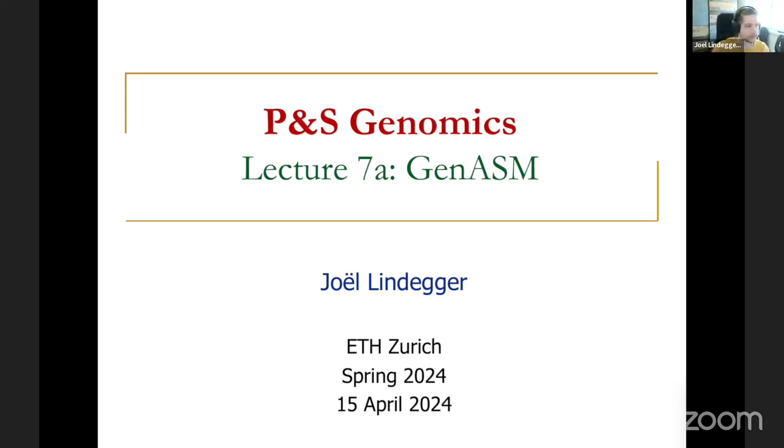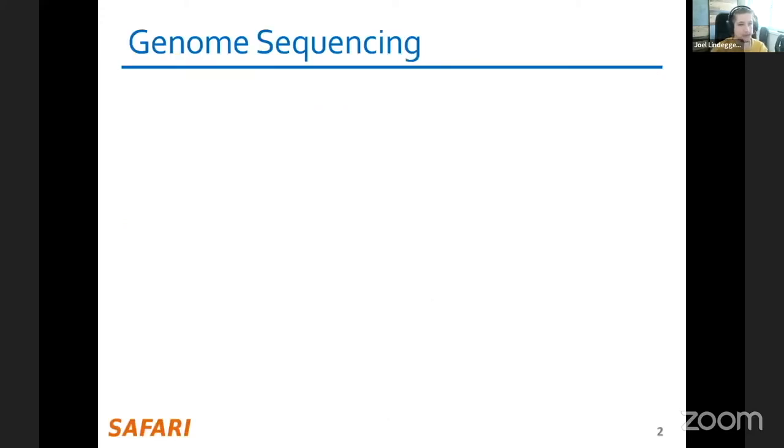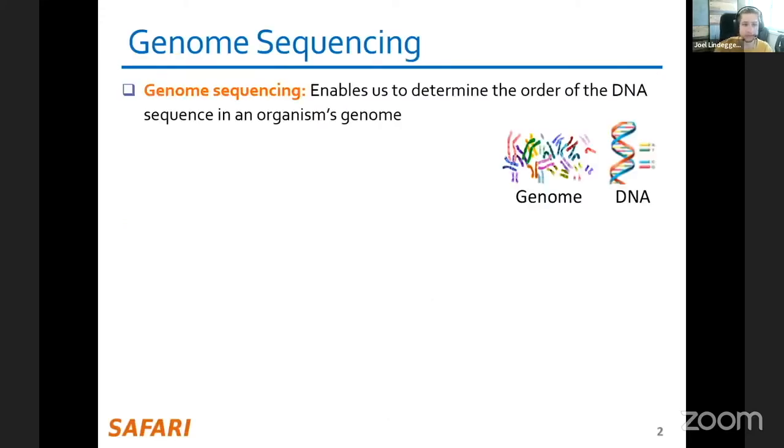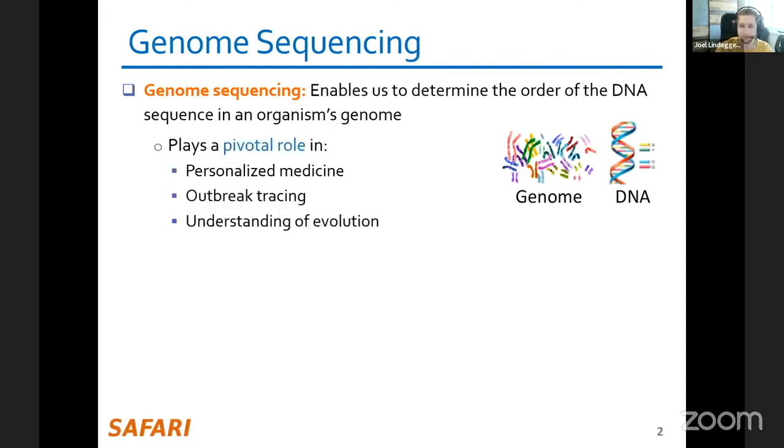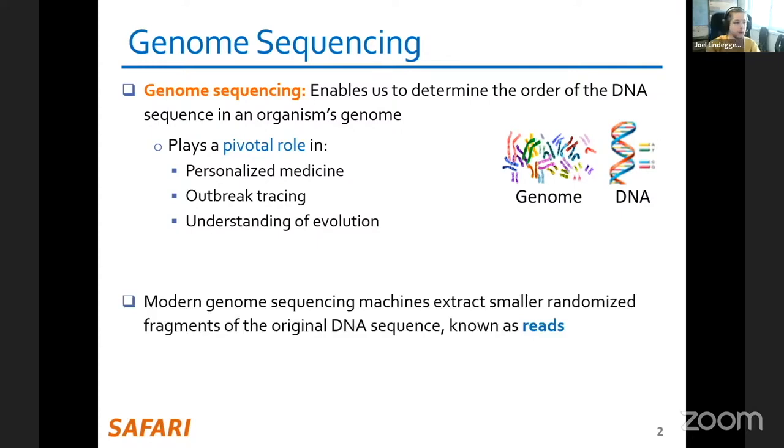All right, let's start with a high-level overview of GenASM. Genome sequencing, as you know if you're watching this course, plays a pivotal role in an entire range of applications such as personalized medicine, outbreak tracing, and the understanding of evolution. Now, the modern sequencing machines extract only small randomized fragments of DNA, which are called reads.